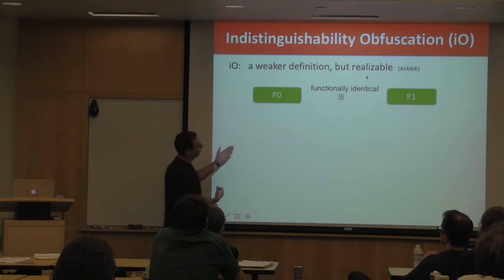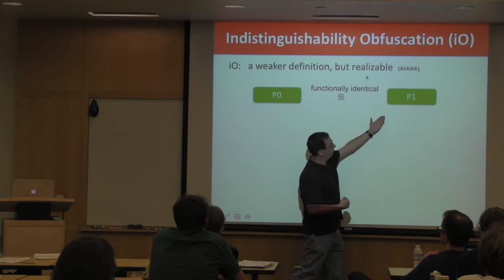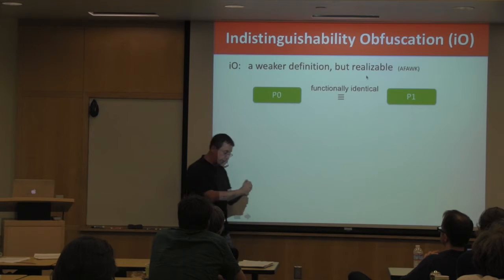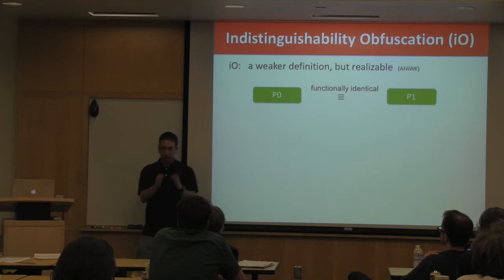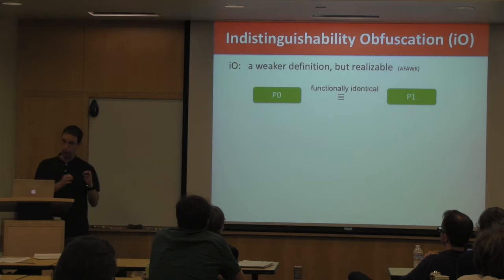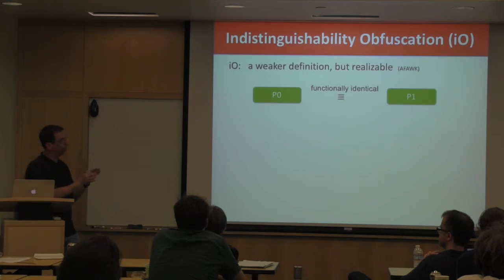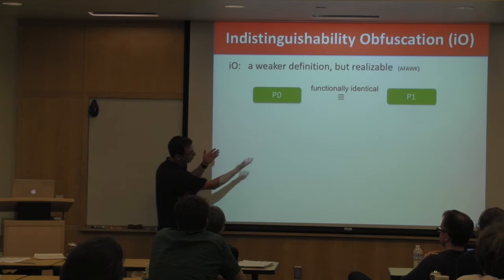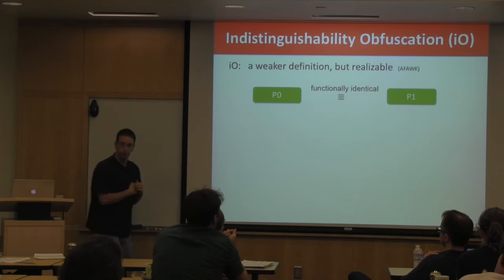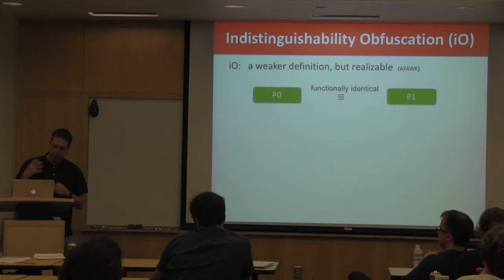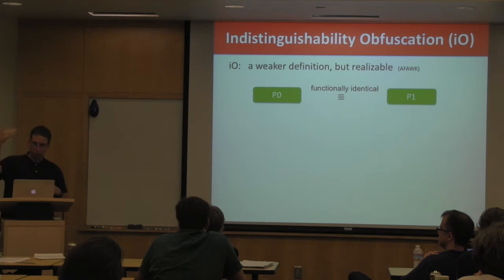And it says the following: if I give you two programs that might be different, but compute exactly the same function, so their input-output behavior is identical, but they might be implemented slightly differently. For example, one might add 1, and the other might add 2 and then subtract 1.